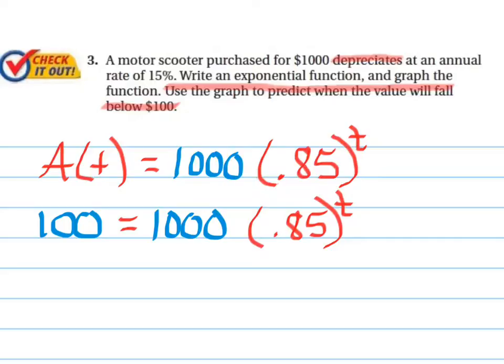So just leave it 100 on the left and put that into Y1 and put the right hand side into Y2. You are going to have to adjust your window because you have a line that goes all the way up to 100 on the Y-axis.